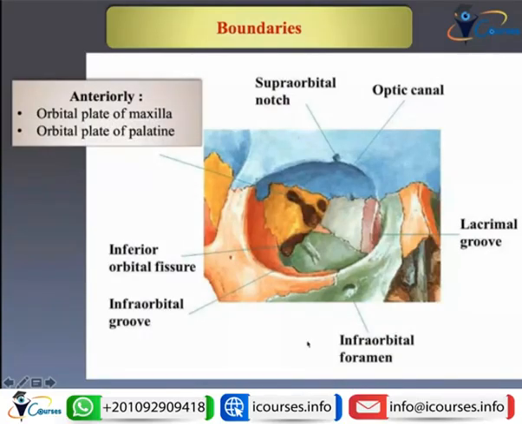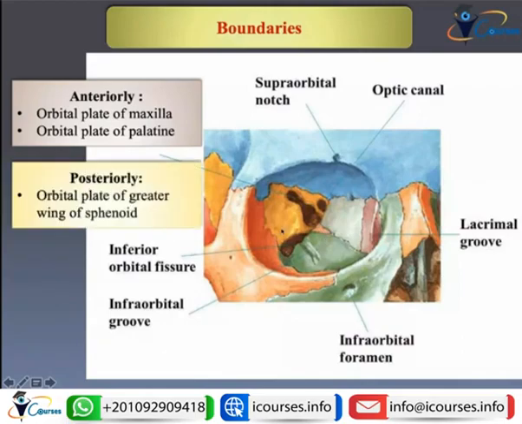What are the boundaries? Anterior to the infraorbital fissure will be the orbital plate of maxilla, this green one, and the orbital plate of palatine bone, this triangular piece of bone. While posteriorly, there will be the orbital plate of greater wing of sphenoid. Remember that this yellowish bone is the greater wing of sphenoid.